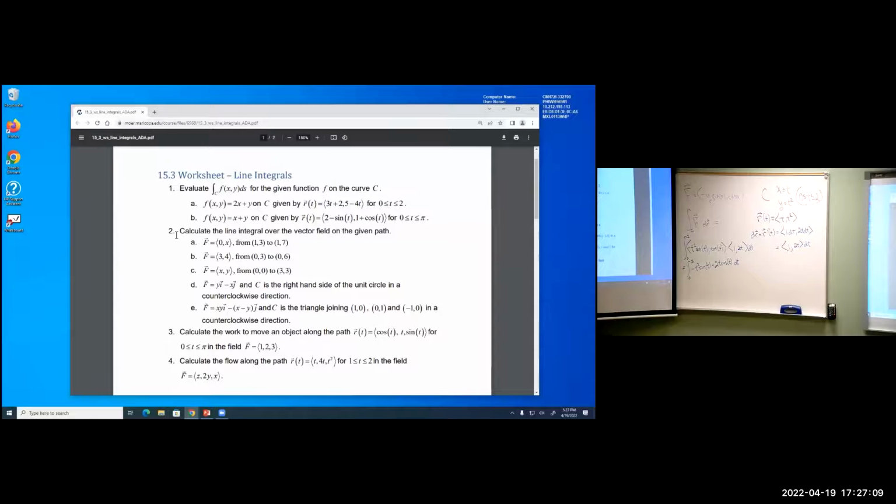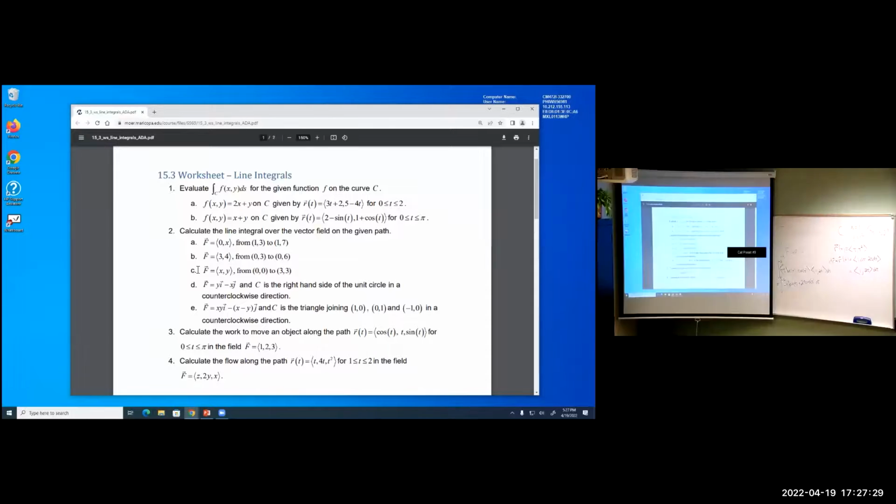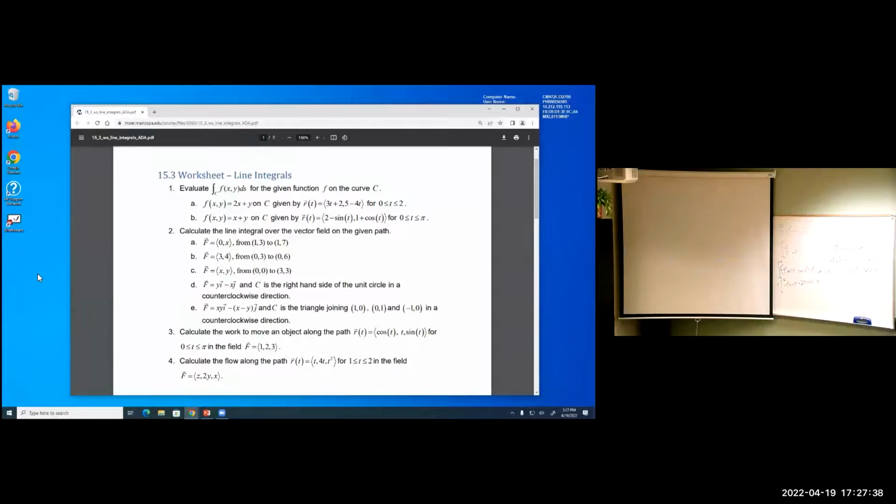So you got to try one of those. But 2 that I want you to try are number 2, d and e, where we do need to come up with a parameterization. And we are going to need some more space. So I'm going to go use some of this board space over here.